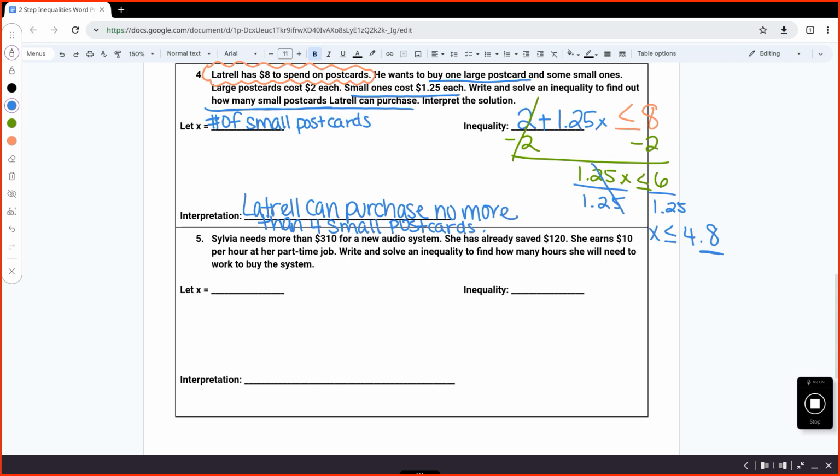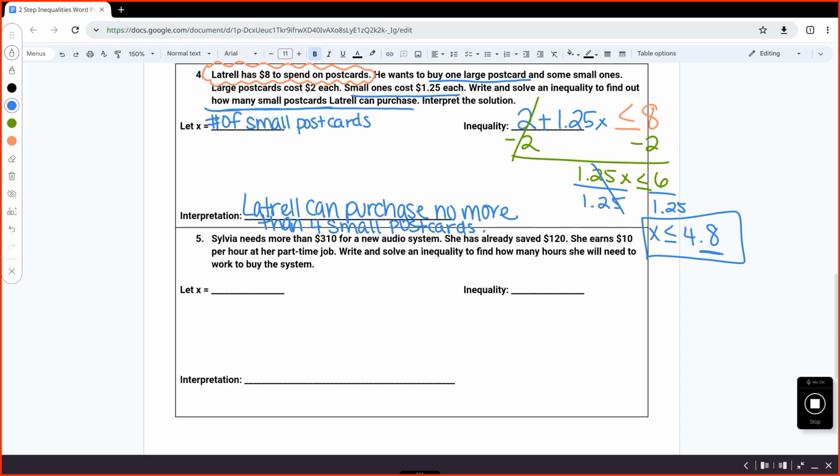All right, so don't automatically look at this and round it up to be 5. He doesn't have enough money to buy 5 small postcards, right? Our answer that we got here is less than or equal to 4.8. So 5 is not less than or equal to 4.8. So this has to round down.